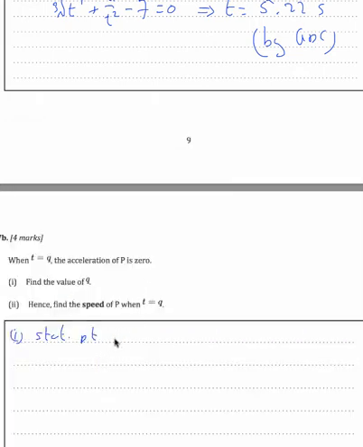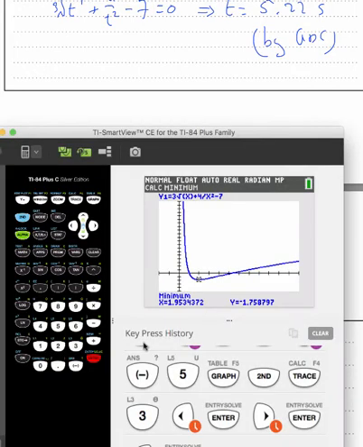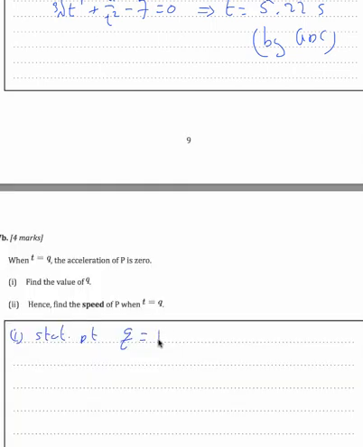So at the stationary point, q is equal to 1.95 seconds. All right, hence find the speed of P when that is true.